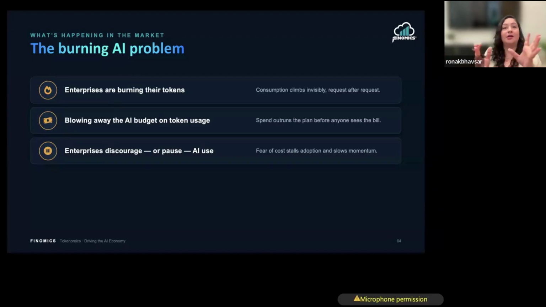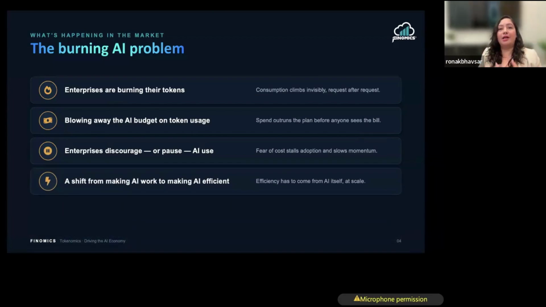The CEOs will say, hey, innovation cannot stop. So how do we solve this problem? There is a trend going on where, hey, I have already used all the budget that I had. Now I need to pause and understand how to move forward from here. Yes, I want to invest, but I really want to understand that ROI part before I go headfirst into this. So they are discouraging the use of certain types of AI, or pausing the use of AI.